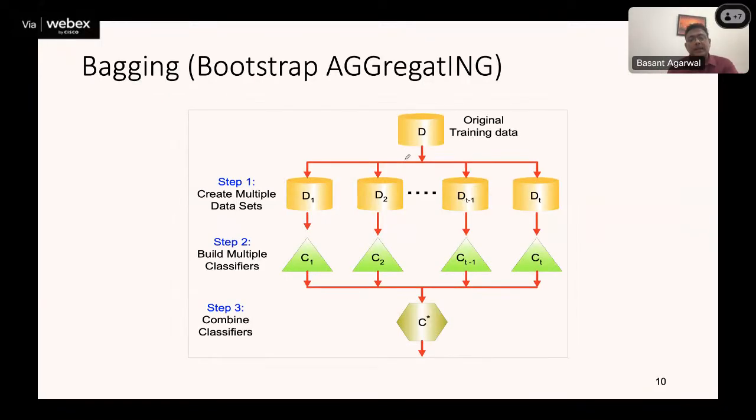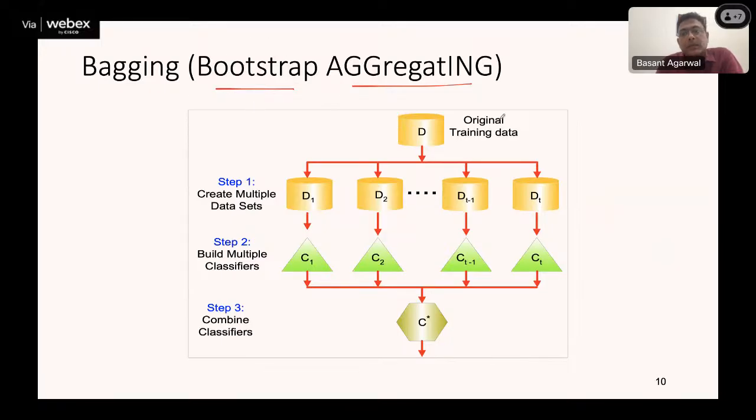So let's first understand, since random forest is a kind of bagging technique, and bagging is called bootstrap aggregating. Bootstrap aggregating means in bagging we do the classification in two major steps. One is the bootstrap and second is aggregating. First is the bootstrap.